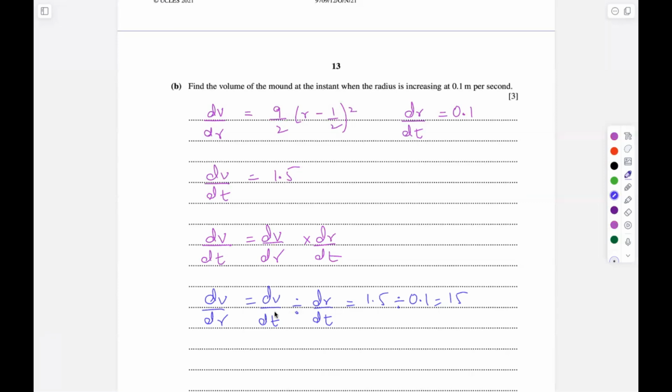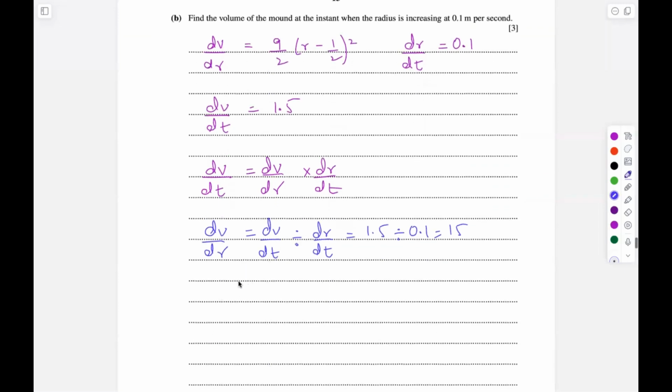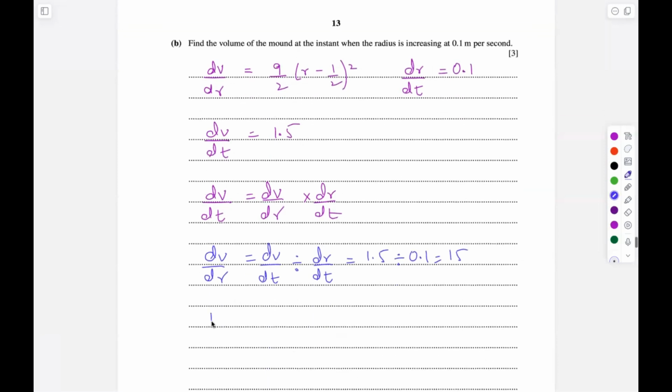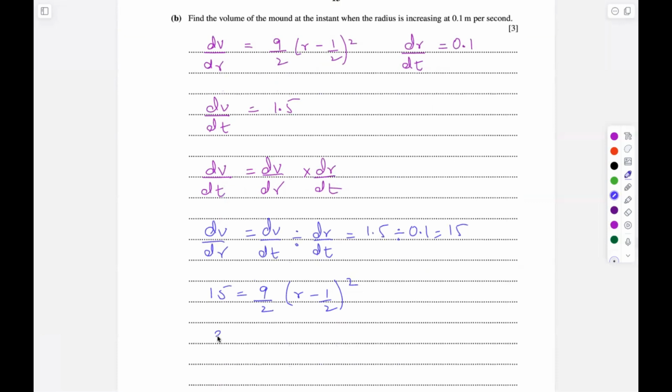Once we have the value of dV by dr, we can now find the value of r and then substitute it into the original expression to find the value for V. So as dV by dr was 9 upon 2 into r minus 1 upon 2 whole squared, we can equate it to 15. So 15 will be equal to 9 upon 2 into r minus 1 upon 2 whole squared. Cross multiplying, this will become 30 upon 9.